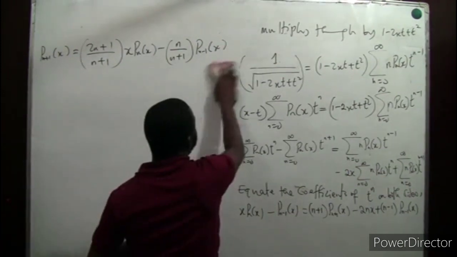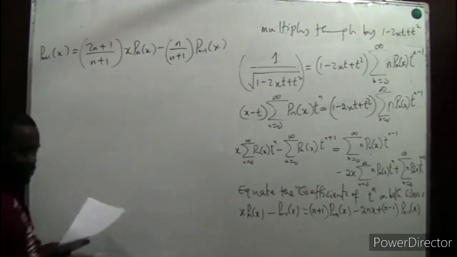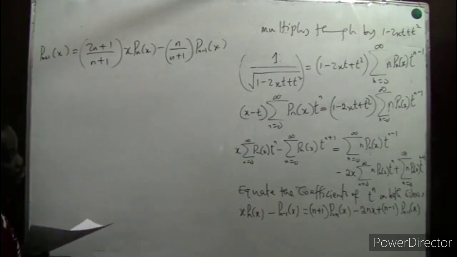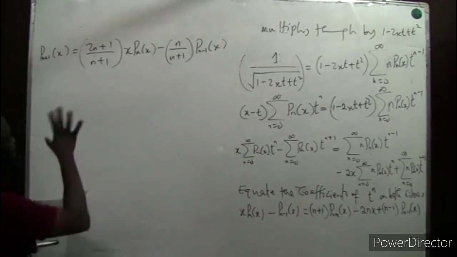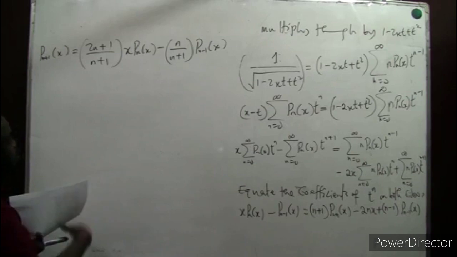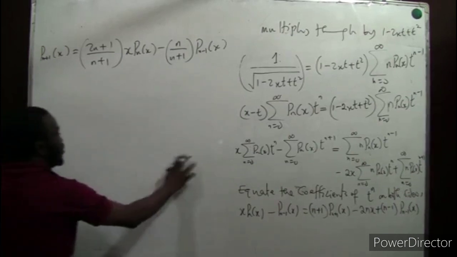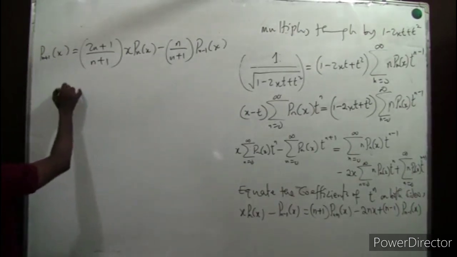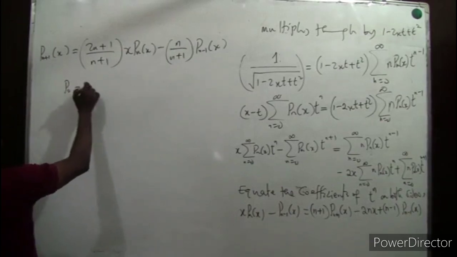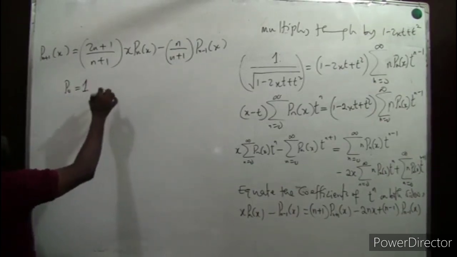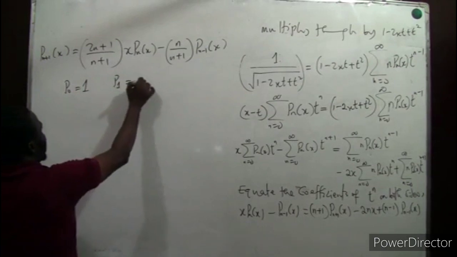Before I prove the second one, let us quickly look at how we use this one to generate Legendre polynomials. We know that P naught of x is 1. We know that P1 is x.